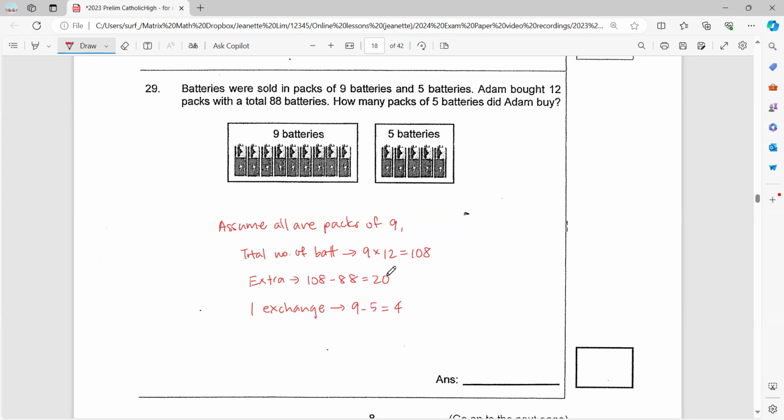Now, because I need to remove this extra 20 batteries, how many times do I need to exchange? So I'll take 20 divided by 4. This is the number of times I exchange, and this is also the number of times I'm bringing in the packs of 5. So how many times? 5 times, so 5 packs of 5 batteries.